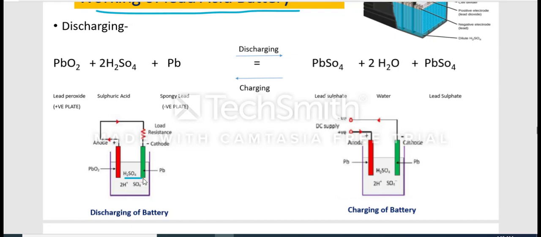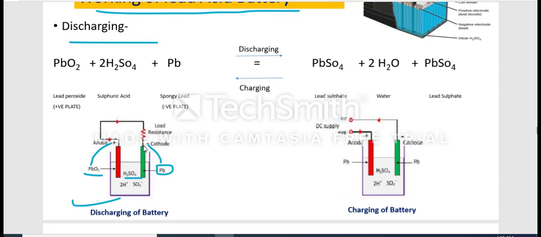H2SO4 acts as an electrolyte here, and immerse one positive electrode and one negative electrode. Positive electrode in the sense PbO2, lead peroxide, acts as the positive electrode, and Pb, that is sponge lead, acts as the negative electrode. So consider the first case, that is discharging of the battery.